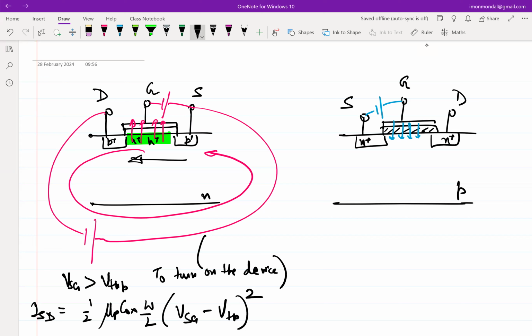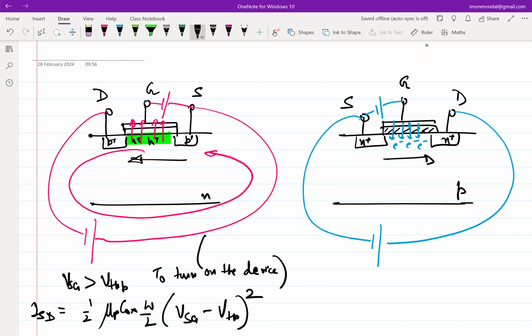And now if I apply a positive voltage between the drain and the source, the electrons are going to flow from source to drain, because source, by definition, is the terminal from which the carriers originate. So the electrons are going to flow from source to drain, which means the current will flow from drain to source. So the current will be in this direction.